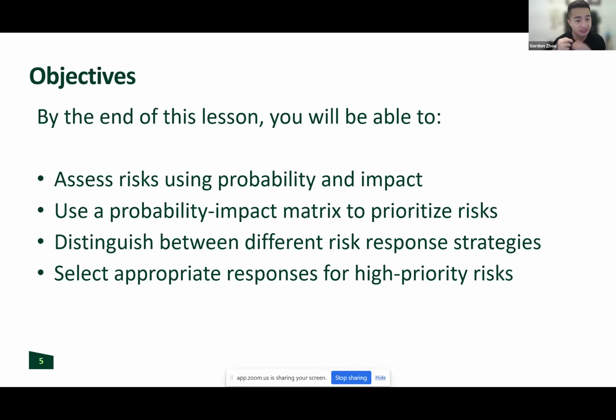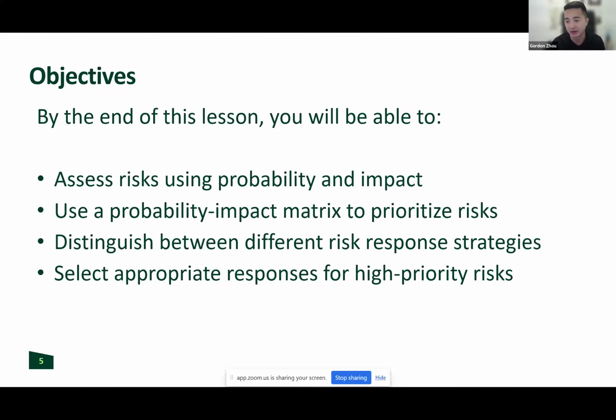We're going to distinguish how we respond to high priority risks versus maybe lower priority risks. There is a structured way of responding to risks, or planning for risk responses. I'm going to give you that structure so that you can put it to use.